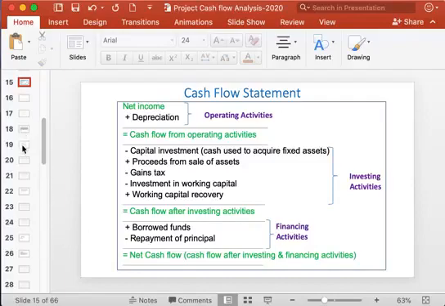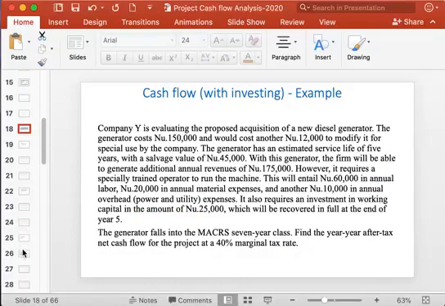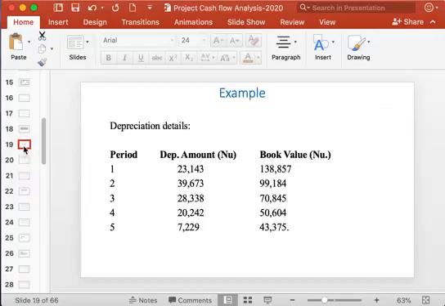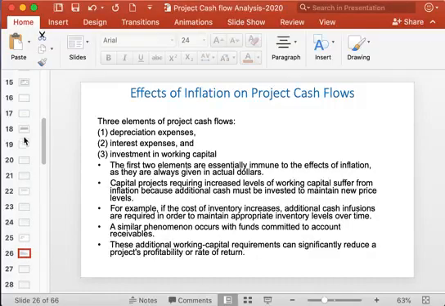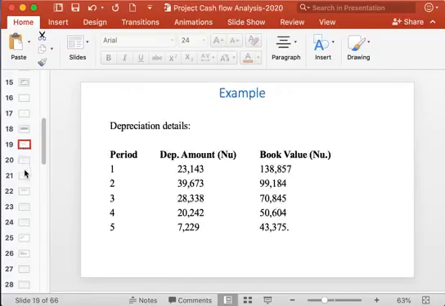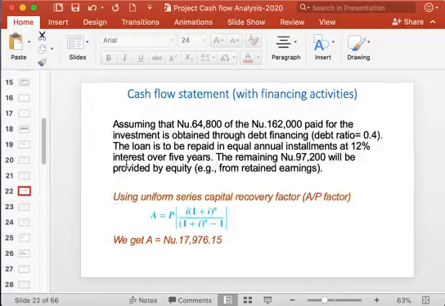So now let us take an example. Here, out of the total 162,000 Newton required to finance the purchase of the equipment, 64,800 is borrowed.